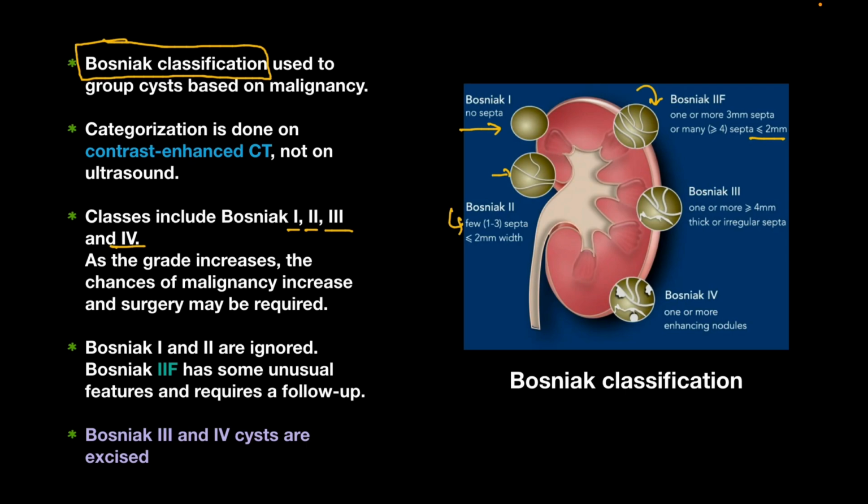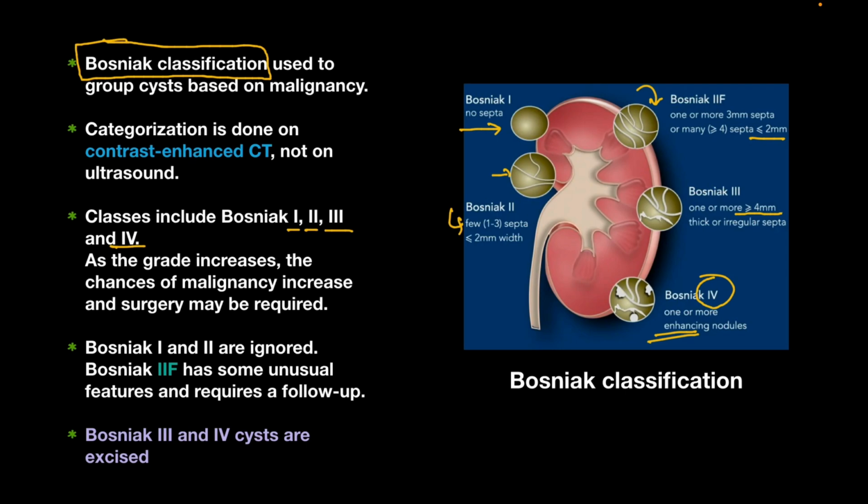In Bosniak 3, there are one or more cysts with width more than 4 mm and thick or irregular septa. And in Bosniak 4, one or more enhancing nodules are there. So this is the Bosniak classification.